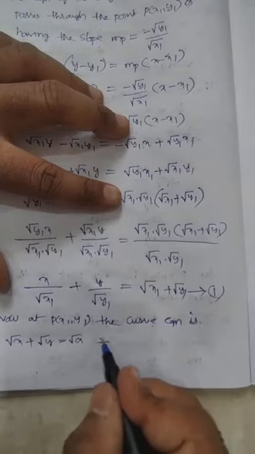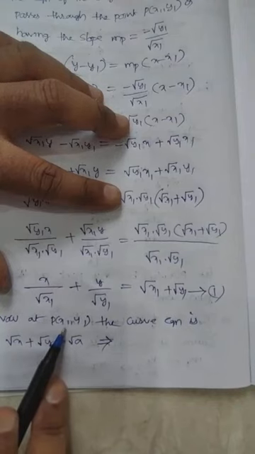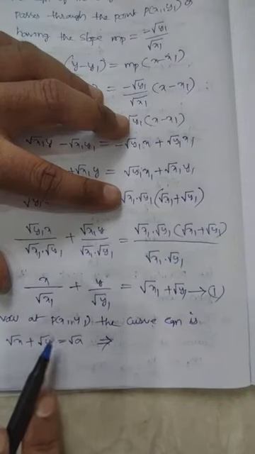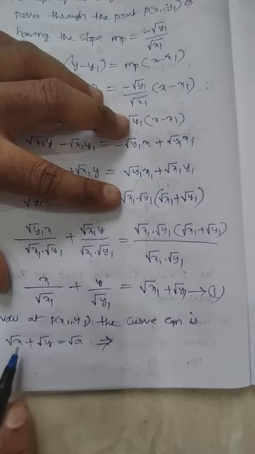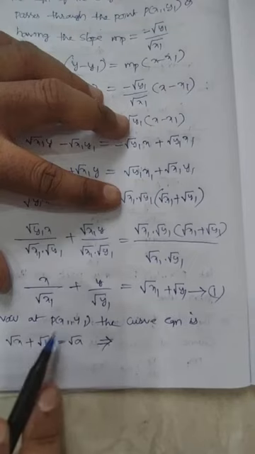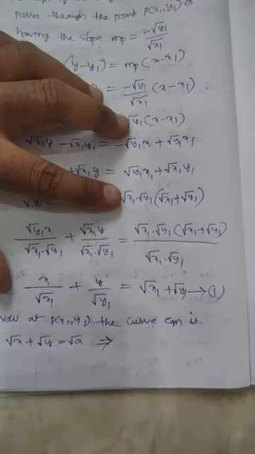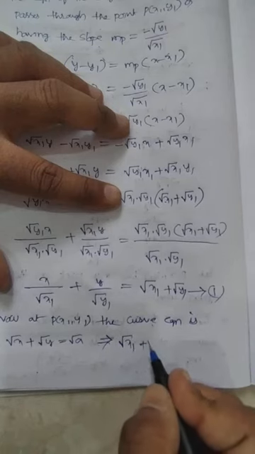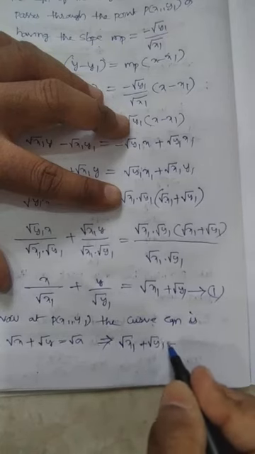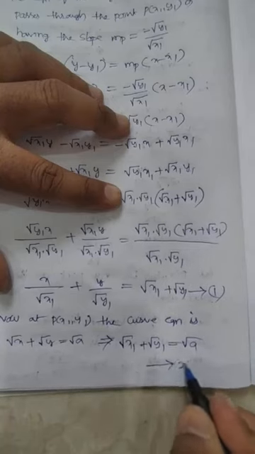That implies this curve must satisfy this point, which means in place of x I could substitute x1, in place of y I could substitute y1. So what I would get, under root of x1 plus under root of y1 is equal to root a. This is equation number 2.